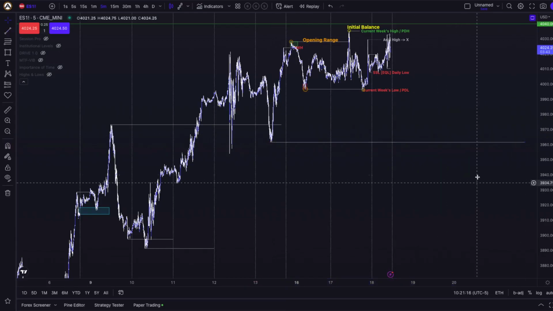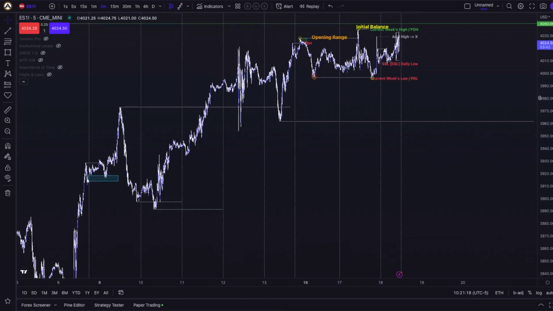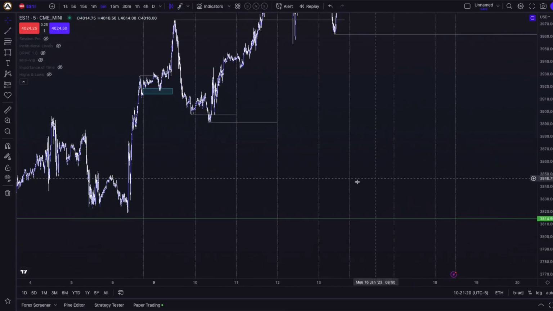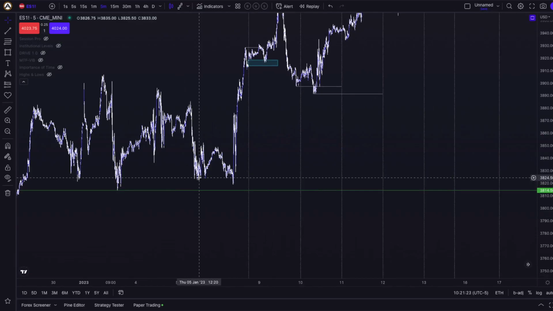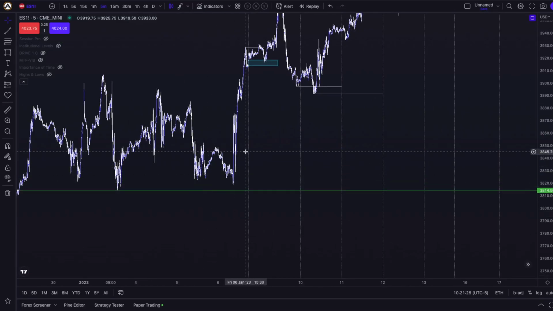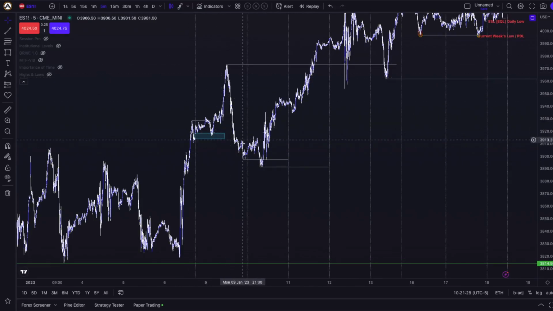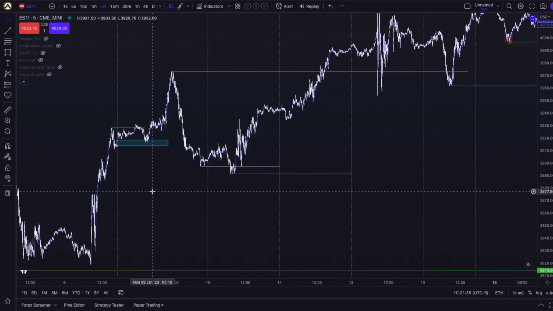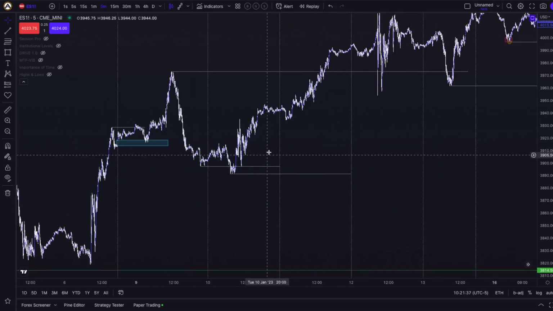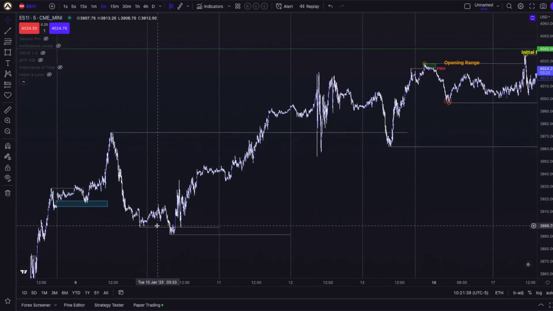I called the move up to 4,000, starting from 3,900 right here, after I saw this initial balance forming and this consolidation below our previous day low. Pretty certain that this thing is walking up during the CPI news event week to the 4,000 level. That's exactly what we got.